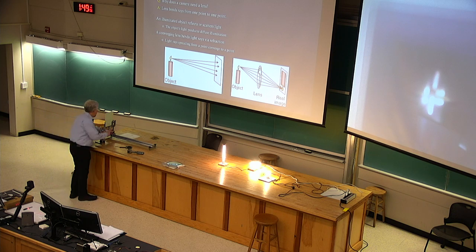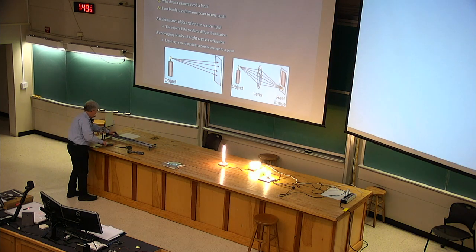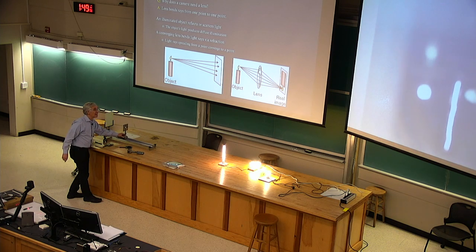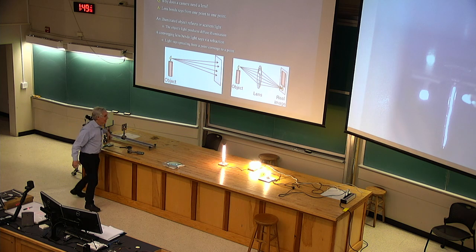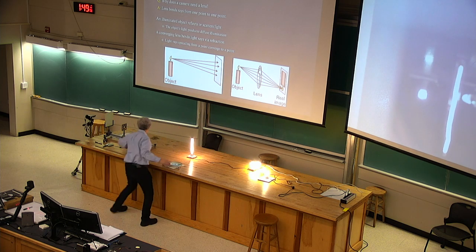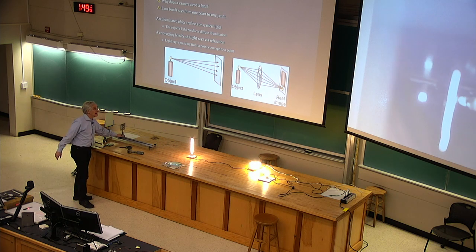Here's something worth saying. Let me go back to the longer lens. I hope it's somewhat convincing, and I can make it more extreme. If I bring these guys to really different distances, you'll see you only get one in focus at a time, right?